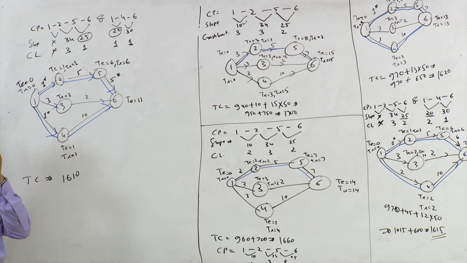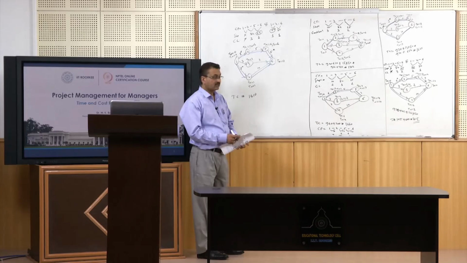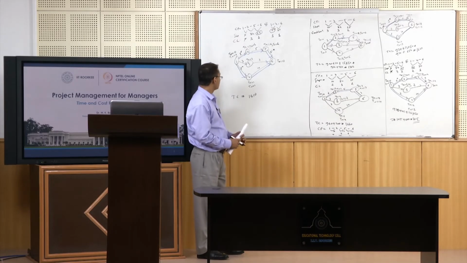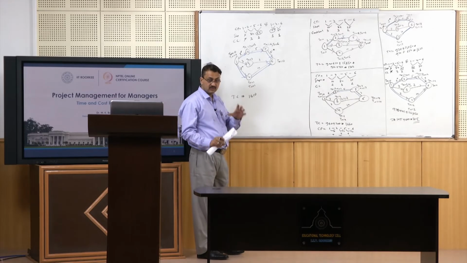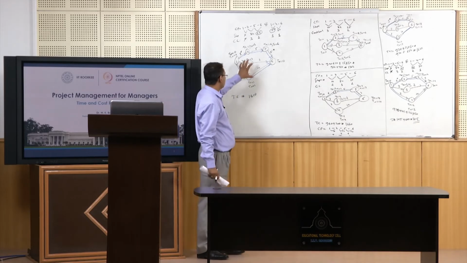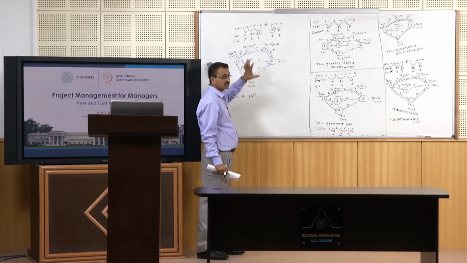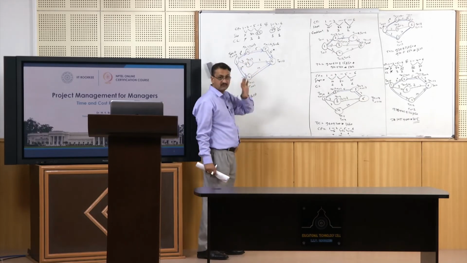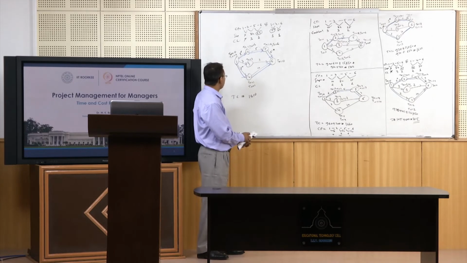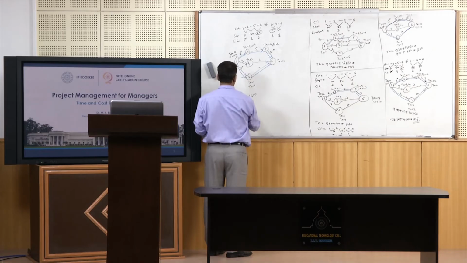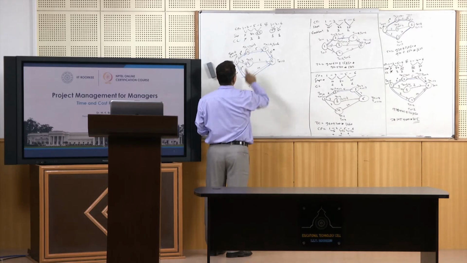Now what is the option available? If you are asked to reduce duration of this project, what would you do? First thing is you have to reduce these two activities simultaneously, right? And that is the only option available, right? So you have got these two options available.